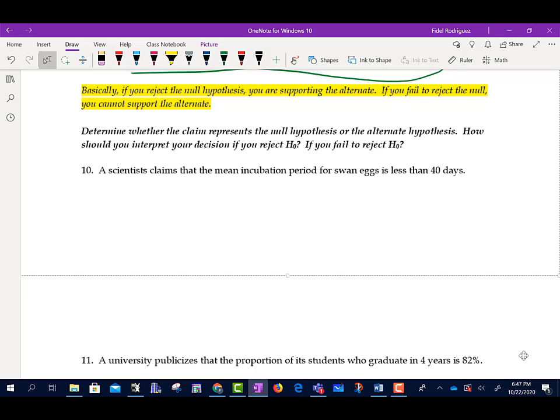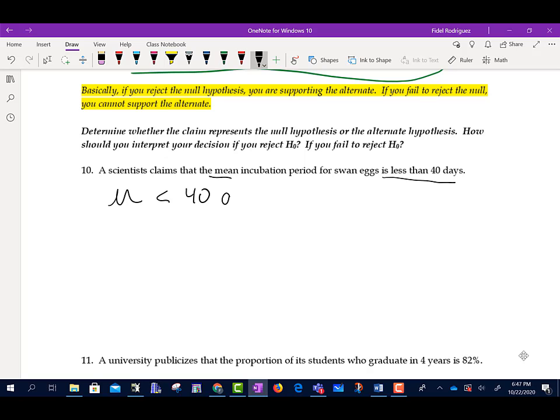Okay, so let's see if we can read through this problem here and figure it out. It says a scientist claims that the mean incubation period for swan eggs is less than 40 days. Okay, so they're saying that the mean is less than 40 days. Okay, this is our claim.